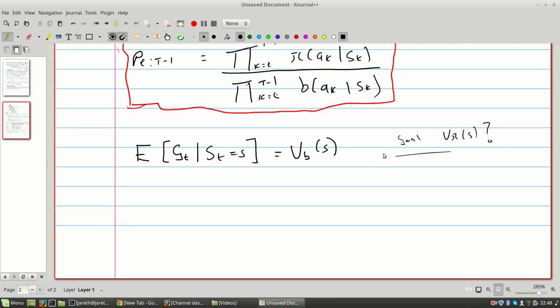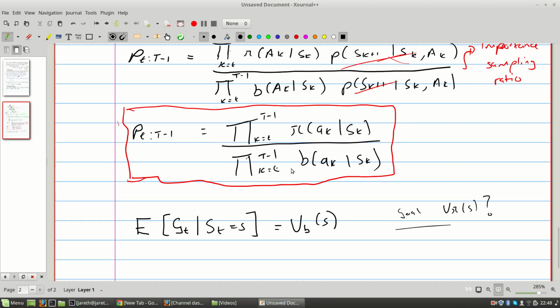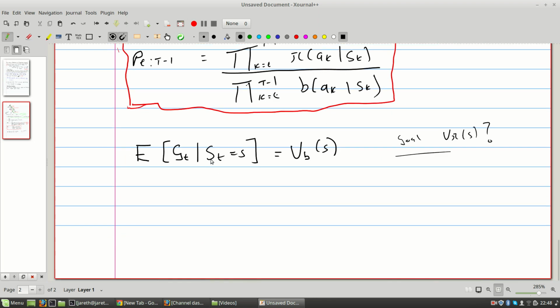So how do we make sure this expectation properly represents the expectation of Gt under policy pi and not policy b? That's where the importance ratio comes into play, because it transforms these returns to have the correct expectation value.